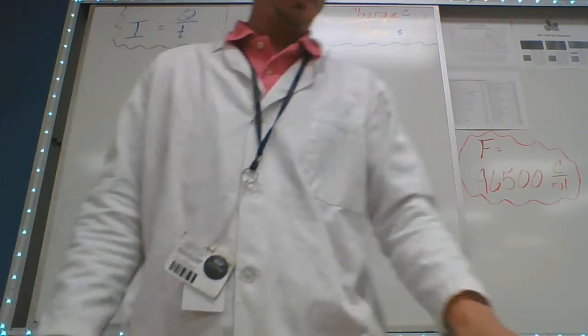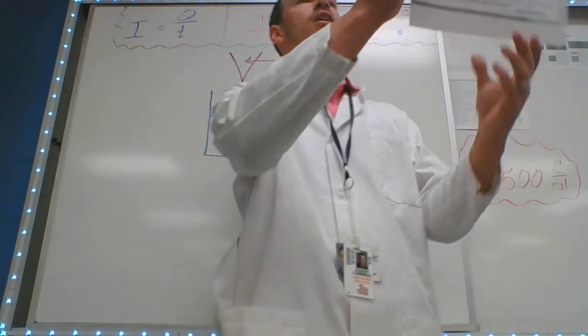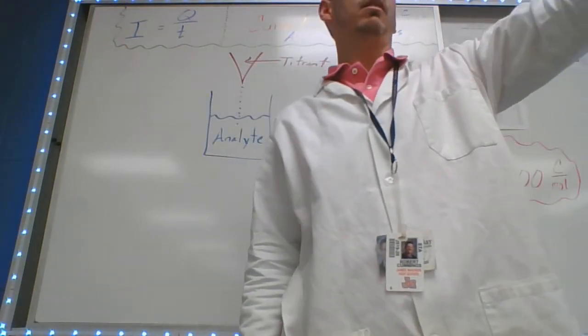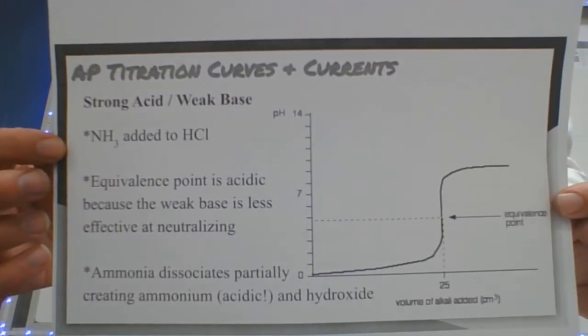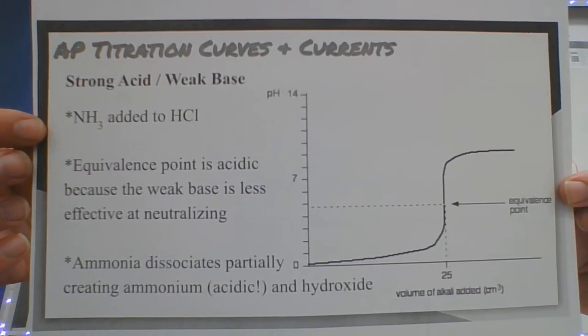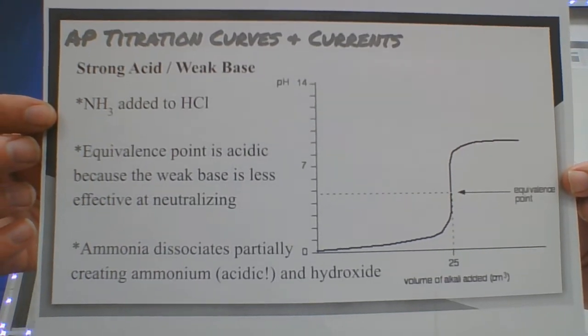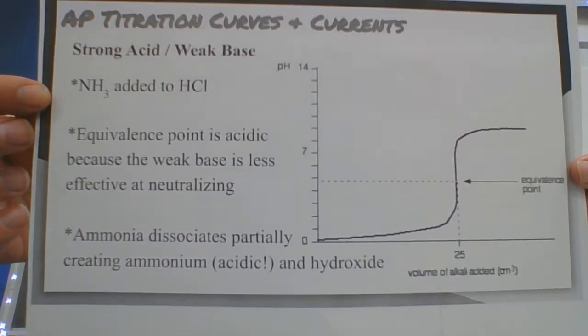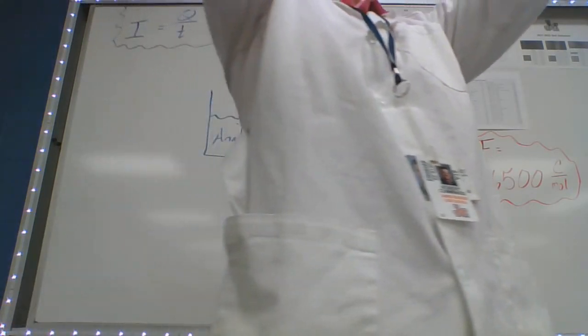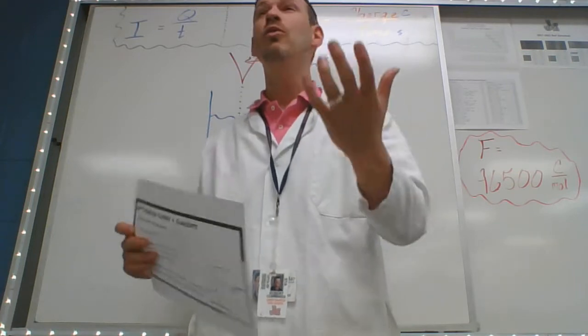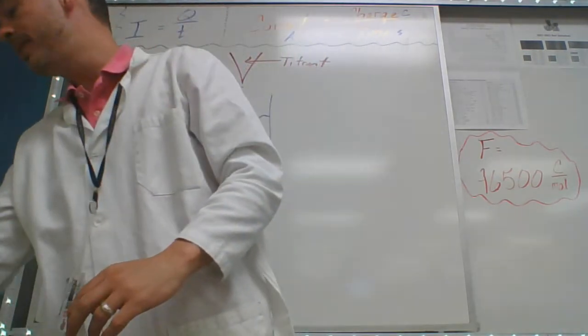But if we change to a different combination of titrant and analyte, this example is a strong acid mixed with a weak base. And what you'll see is that the equivalence point is no longer at 7. But where the equivalence point moves to is totally predictable.